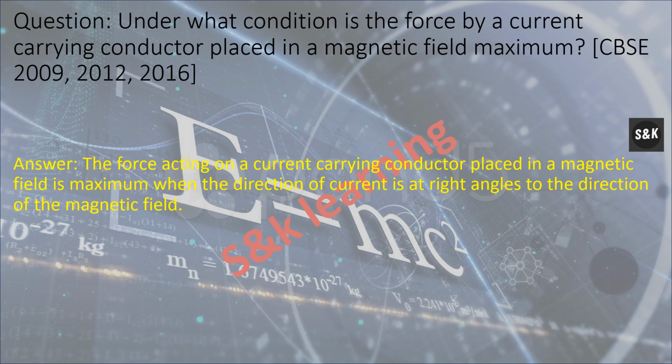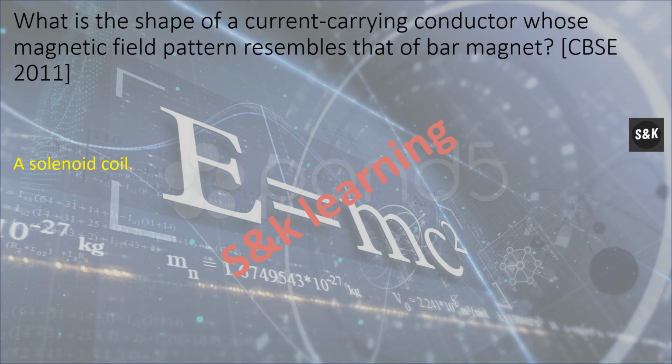Under what condition is the force on a current carrying conductor placed in a magnetic field maximized? The force is maximized when the direction of the current is at right angles to the direction of the magnetic field. What is the shape of a current carrying conductor whose magnetic field pattern resembles that of a bar magnet? A solenoid coil.